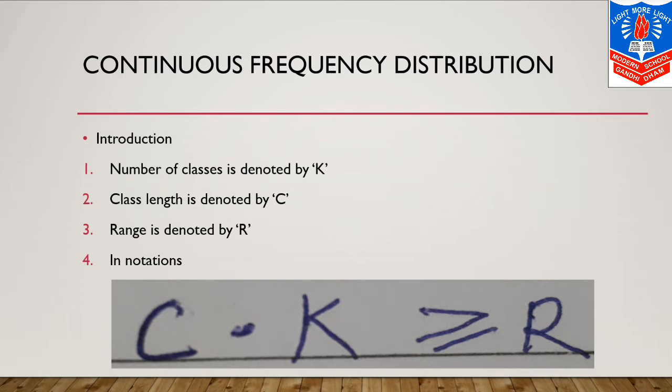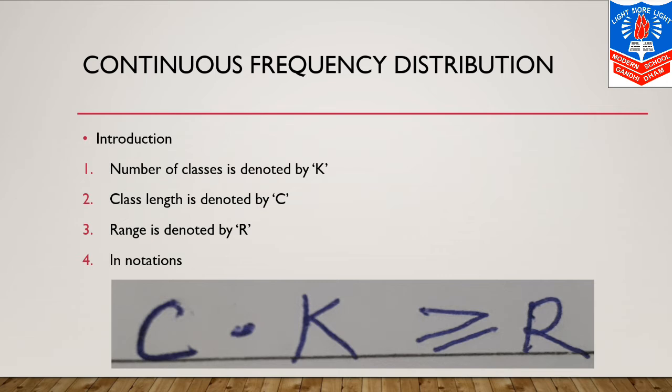Yes, it depends upon the range. After deciding number of classes, the class length, that is C, is decided for each class. For this purpose, range, that is denoted by R, which you already know, of the raw data is divided by the number of classes, which is denoted by capital K.